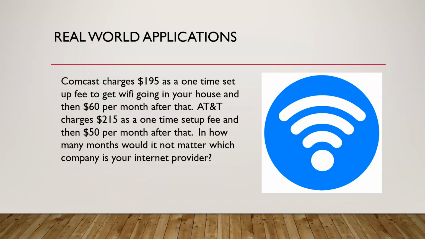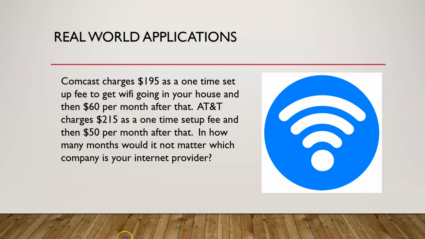Comcast charges $195 as a one-time setup fee to get Wi-Fi going in your house, and then $60 per month after that. AT&T charges $215 as a one-time setup fee, and then $50 per month after that. In how many months would it not matter which company was your internet provider? So again, we're going to set up those two expressions. One side is Comcast, one side is AT&T.